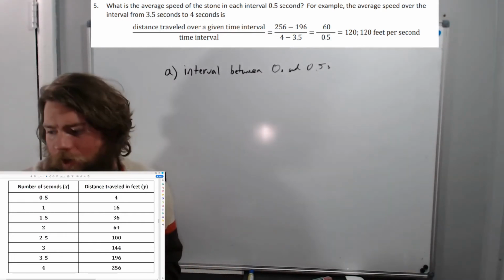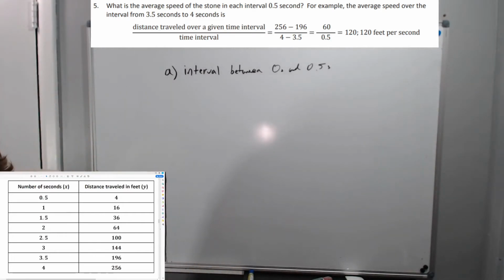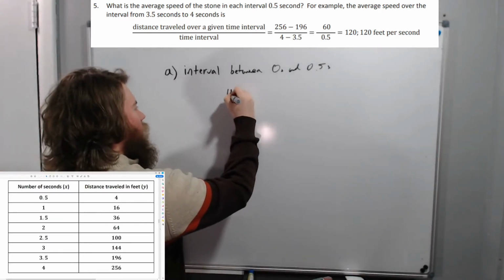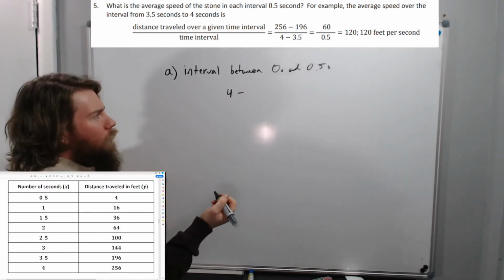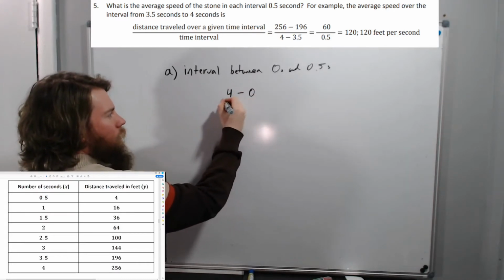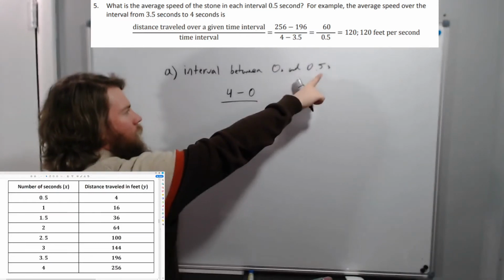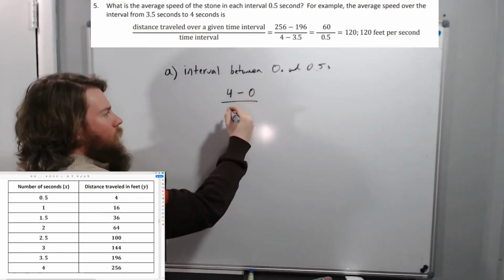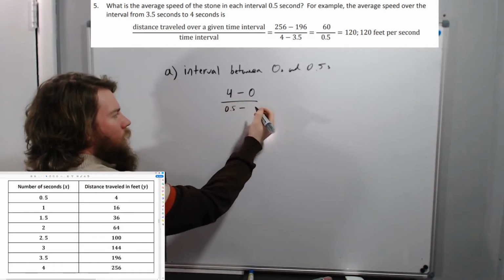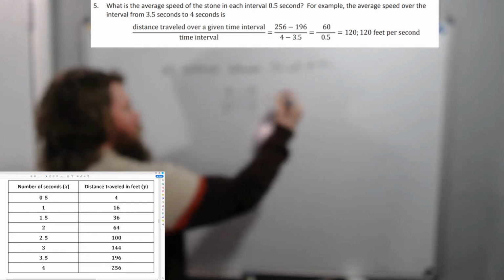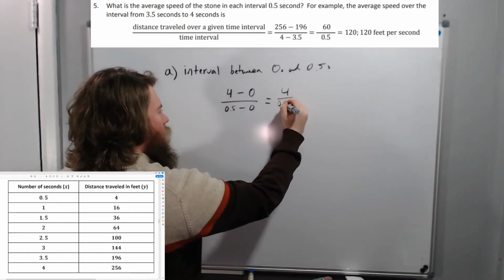How far has it traveled after half a second? Well, it's traveled 4 feet. And then how far had it traveled at 0 seconds? Just 0. Then we need to take our ending time and subtract off our start time, so 0.5 minus 0. That's just going to give us 4 over 0.5.